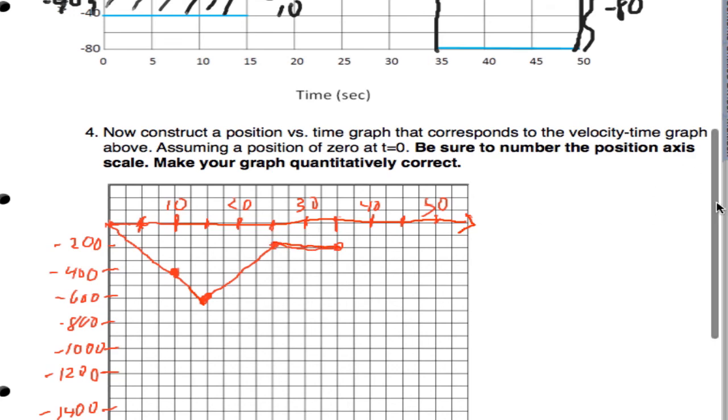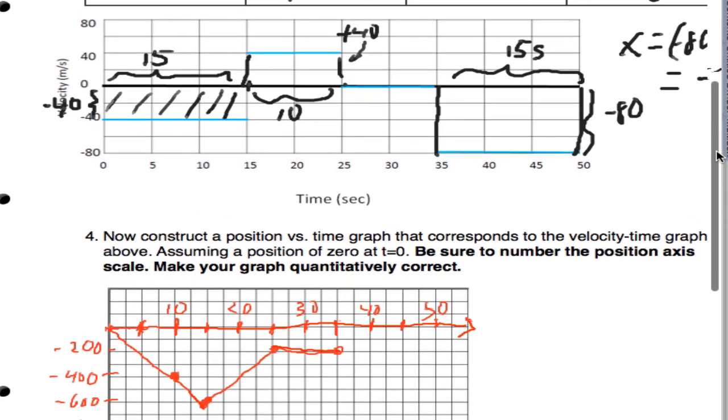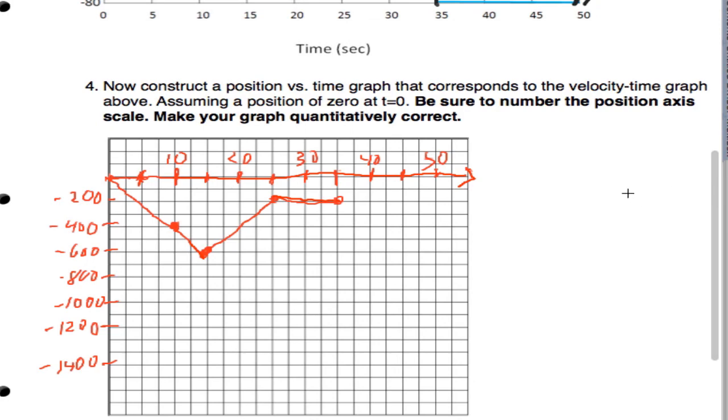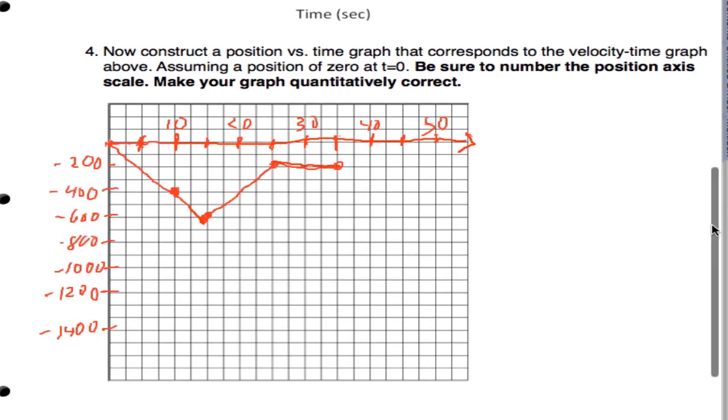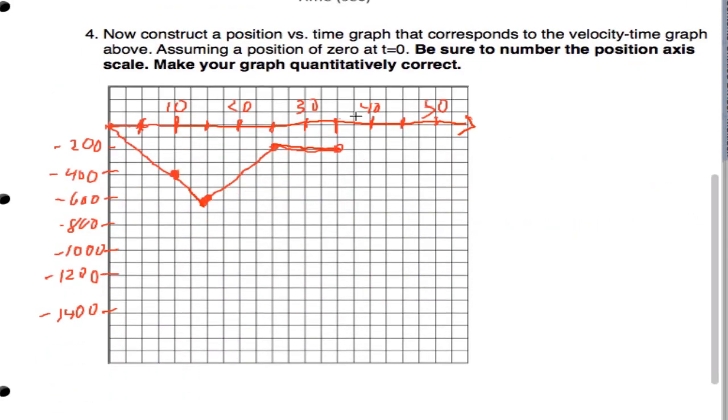Then I go down from 35 to 50. My slope is negative 80, so it's twice what it was before. For every 10 seconds, I go down 800. So when I wind up at 50, I end up at negative 1,400.